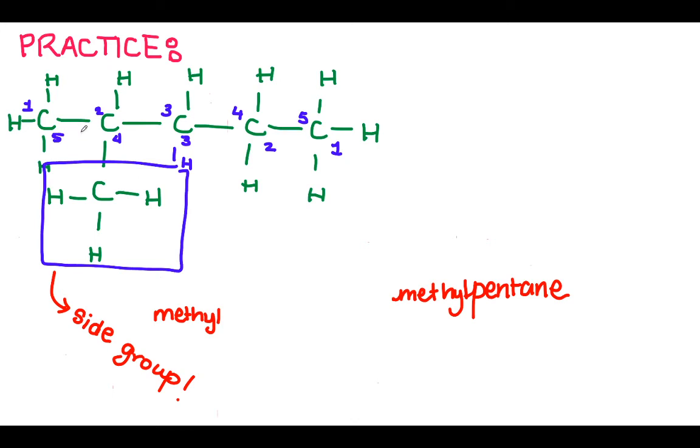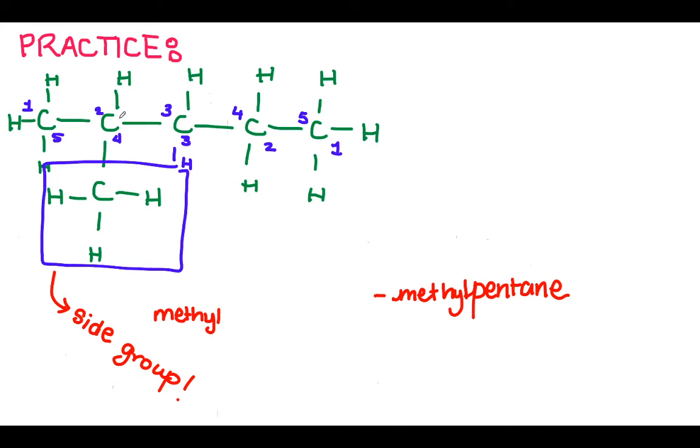The numbering becomes important because I have to specify where on this 5 carbon alkane this methyl group is attached. If I number 1 to 5 from left to right, it would be on carbon number 2. If I number the longest continuous carbon chain from right to left, it would be on carbon number 4.